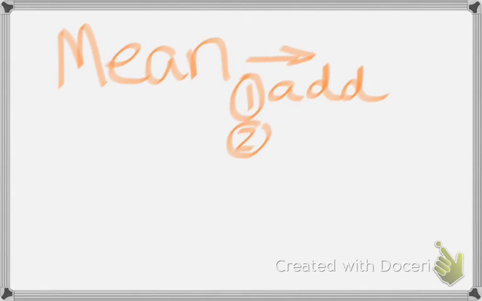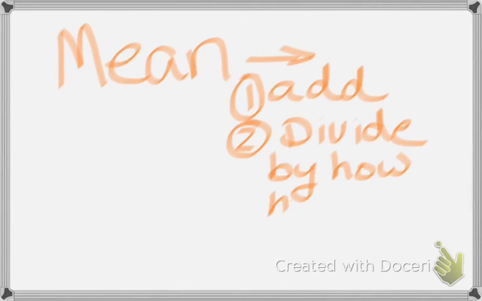And then step 2, you're going to divide by how many numbers you have. So first add all those numbers together, and then divide by how many numbers you have for the mean.